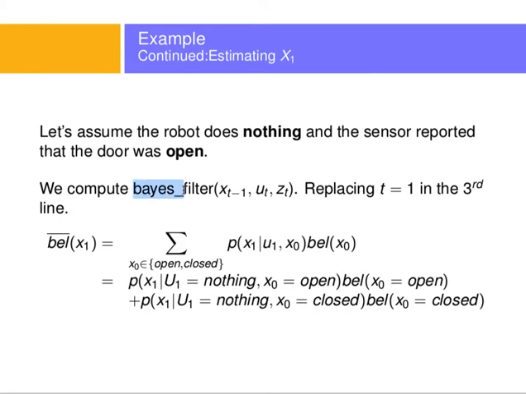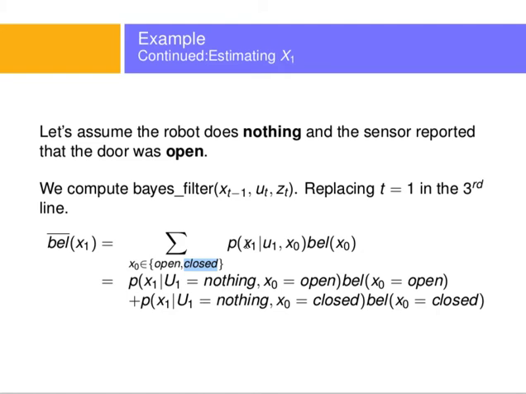So we do the Bayes filter function and we replace t with 1, right? And then the robot does nothing, that's u_t, right? And the door was open, that's x_{t-1}, that's x0, right? So the belief of the state of the world at time 1 will be the summation over all the x_t possibilities, which are open or closed, the door.